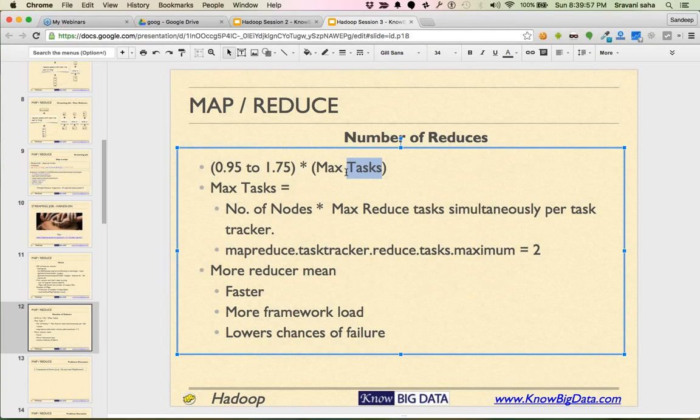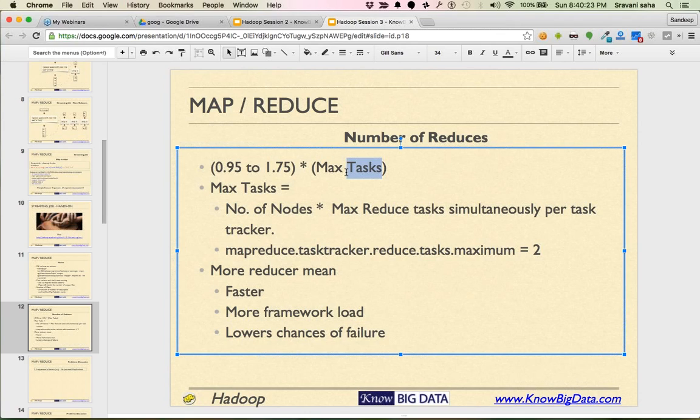But general processing on the reduce phase side becomes really faster, and also the chance of failure of the whole process becomes lower. Why? If you have more tasks, there is more division of the work. So the failure will always be in a smaller section.